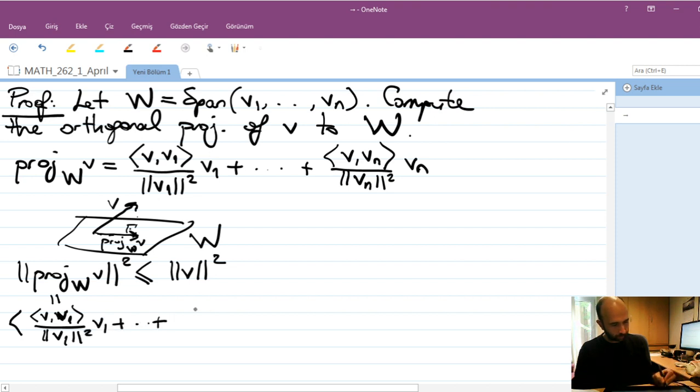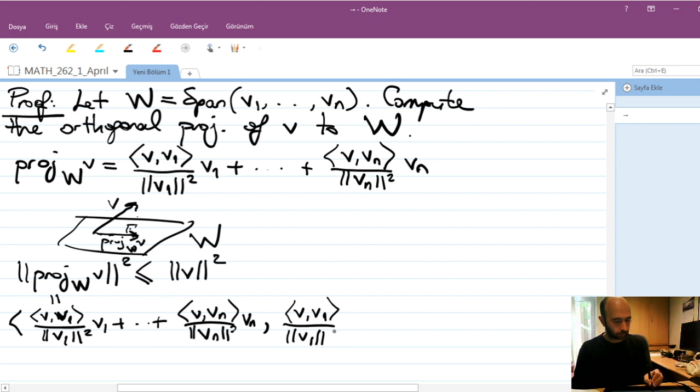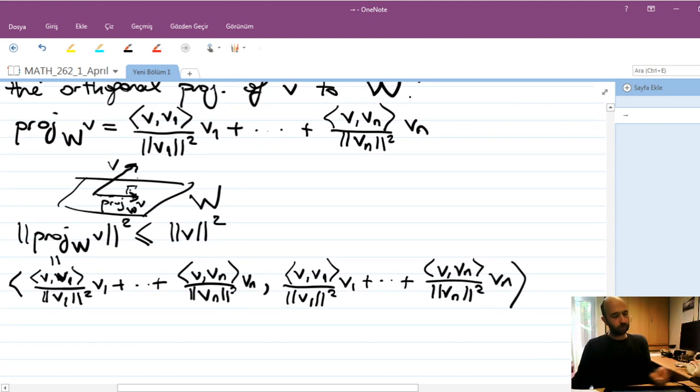So this whole thing inner product with itself is less than or equal to modulus v squared.